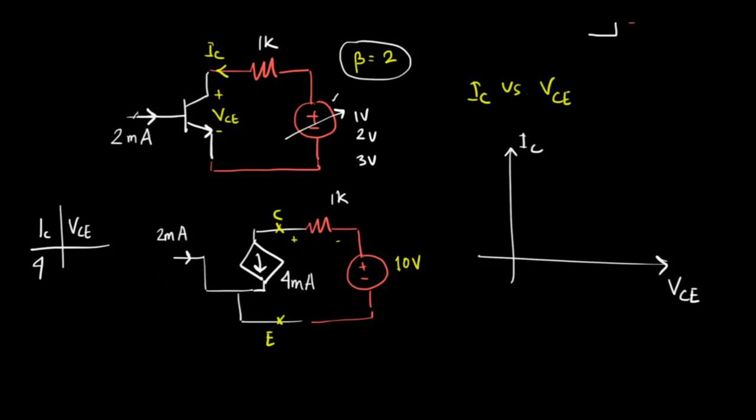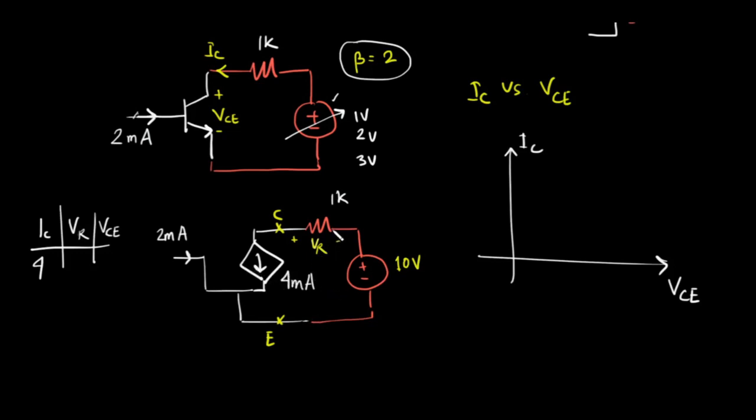Let me write that as well. Let's call that VR. So I will write VR and VCE. If my supply is 10 volt and the current is 4 milliampere, what is the voltage VR?